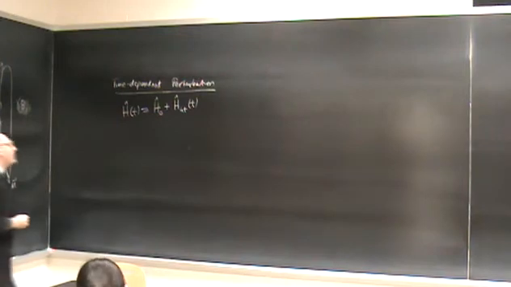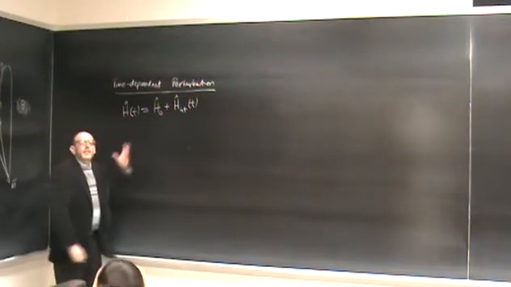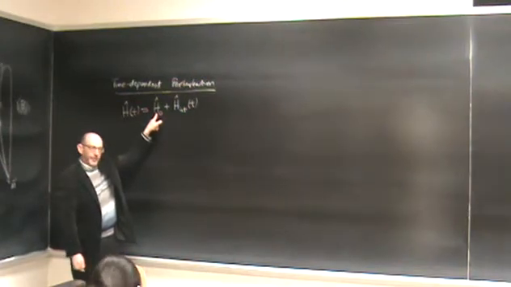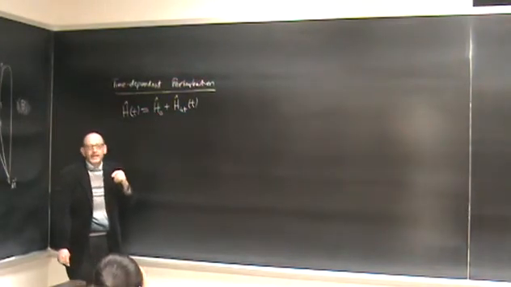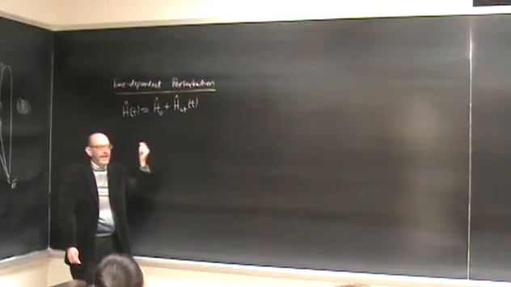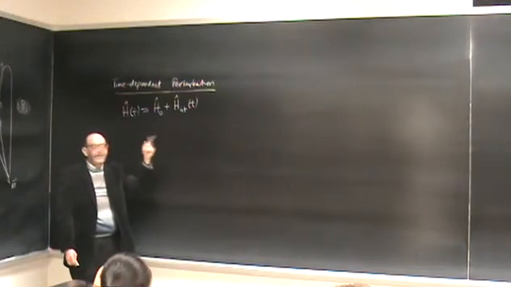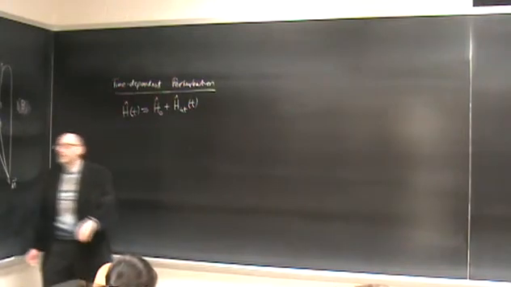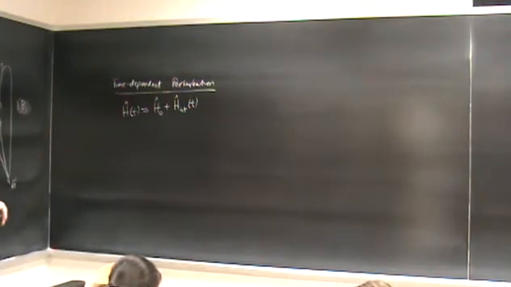So for example, this might be the hydrogen atom is H0, and H int might be a time-dependent magnetic field. Or it might be we apply a laser which has oscillating electric and magnetic fields that are then interacting with the atom. Okay? That's the kind of situation we would typically deal with.